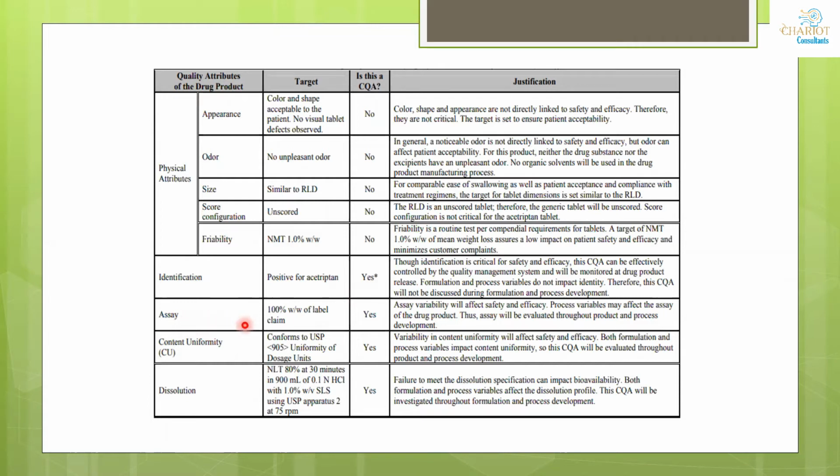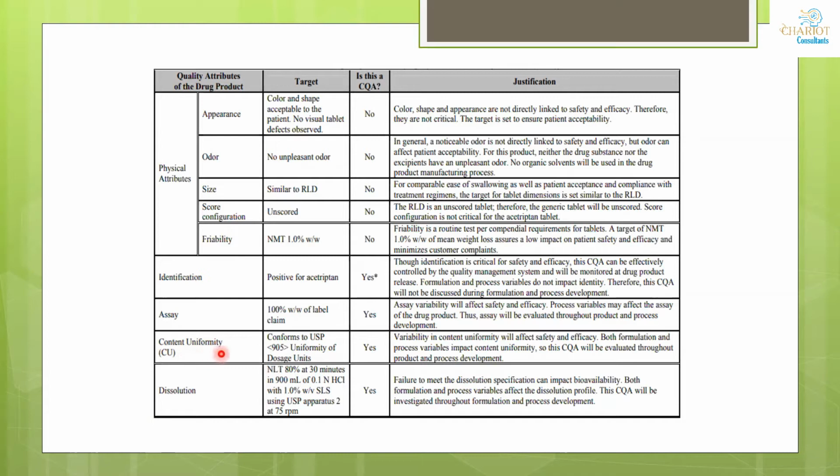The assay value: your target will be 100% of the label claim. Although the regulatory agency gives you the confidence that you can use 90 to 110, you will say that you will target 100%, and whether it is a CQA or not, you will say yes, this assay value is very critical, because if my assay values are changing, then it will affect safety and efficacy.